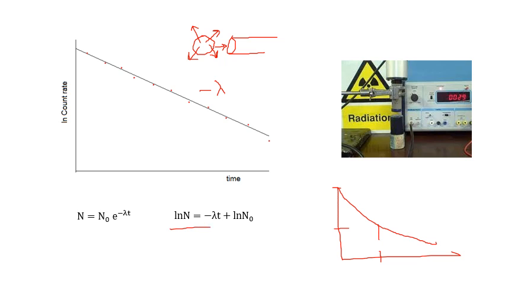If you look at this equation here, when you've taken your logs, log N, or log of the activity, or log of the count rate, is minus lambda t plus log of the initial count rate. So y equals mx plus c, the gradient is minus lambda. And that's the most accurate way of getting a value for lambda, and then you can work out the half-life from that.